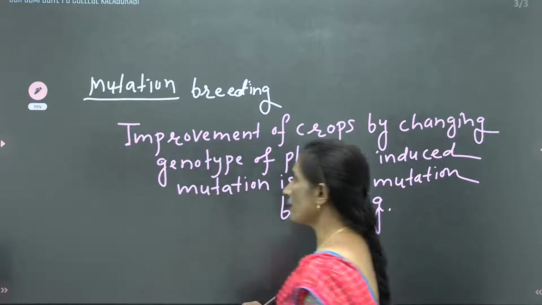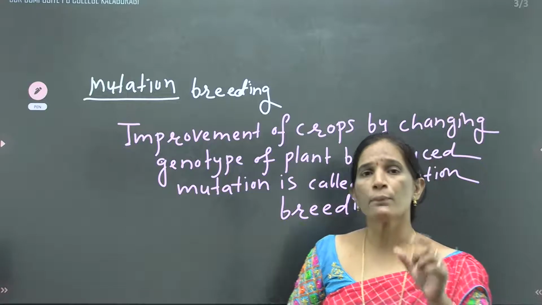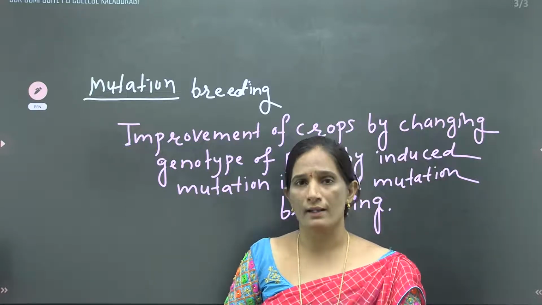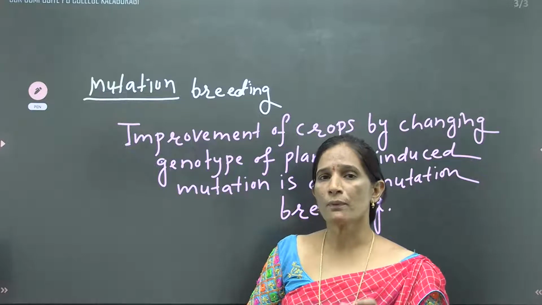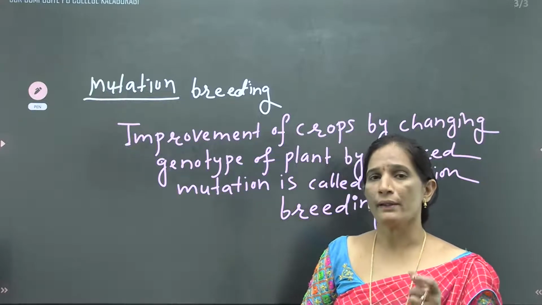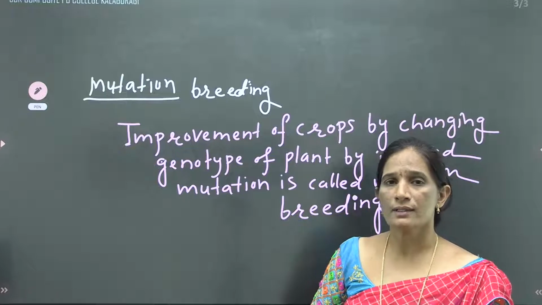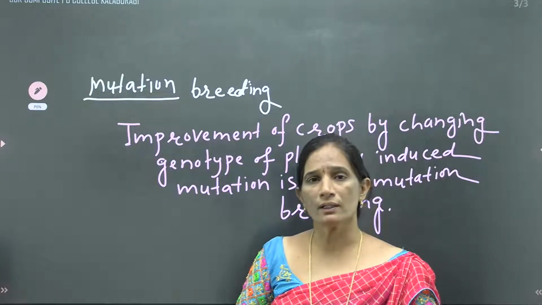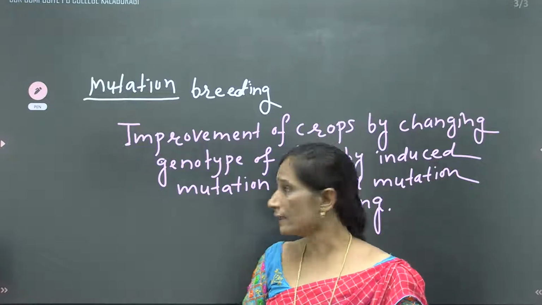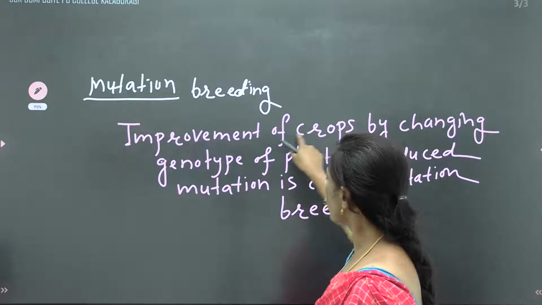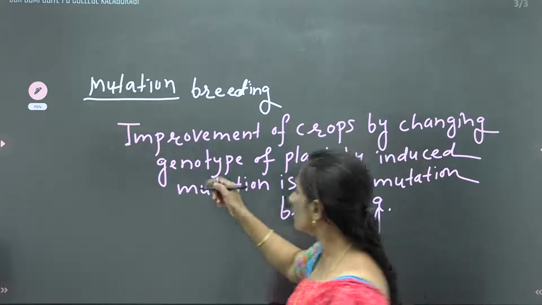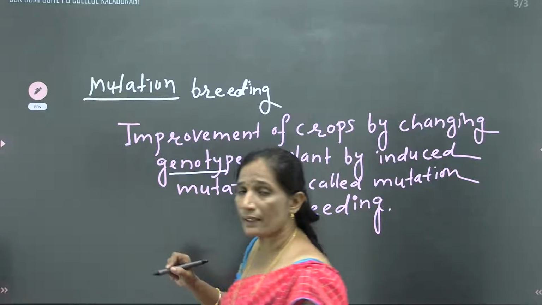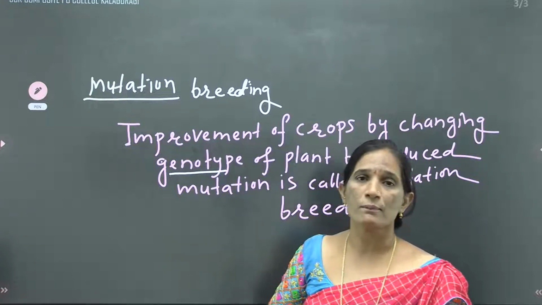So what is meant by mutation breeding? Improvement of crop plants by changing the genotype of the plant by induced mutation is called mutation breeding. Is it clear? So improvement of crop plant by changing what? Genotype. Genotype means the genetic constitution of the plant.